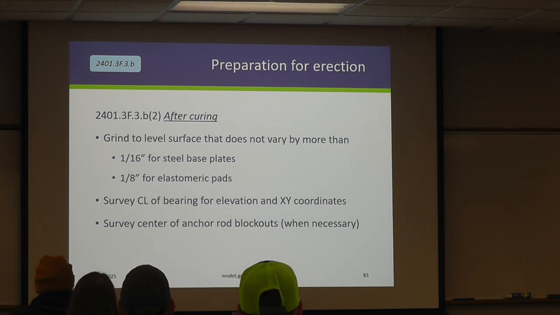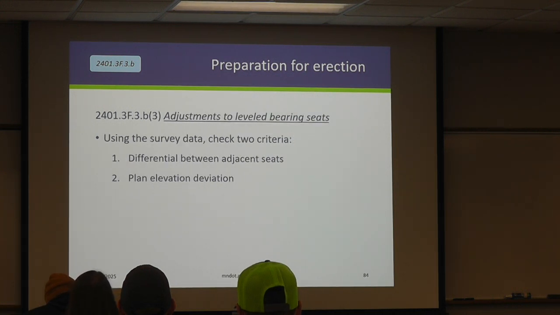As an inspector, you're going to work with the contractor to look at the elevations because that's where another tolerance is going to kick in that we'll talk about. So we take that elevation data, we're looking for two things. They have a tolerance for the plan elevations, and then they have a tolerance for what's called the differential between adjacent seats.